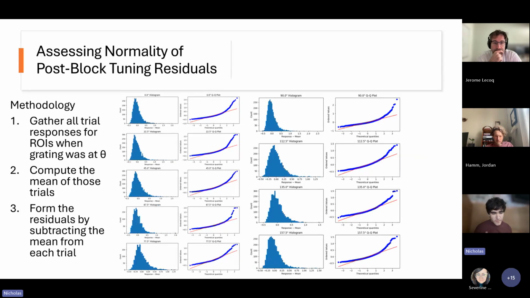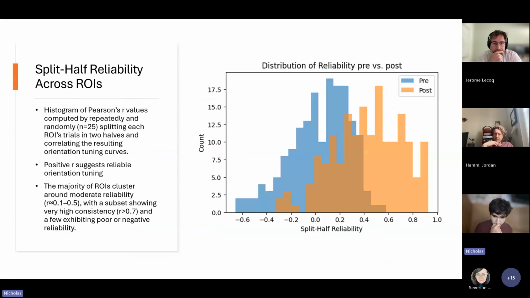And we see something similar for the post block, similar skewness in the residuals of the responsiveness of each ROI. And I think it's important to consider this, especially when we're going to be performing statistical tests later on that may require assumptions of normality.